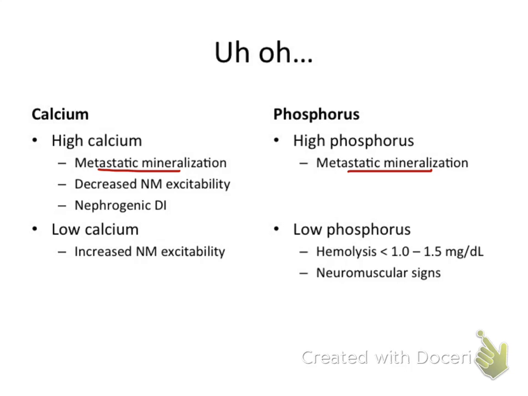Hypercalcemia can also cause nephrogenic diabetes insipidus, as well as neuromuscular signs such as seizures, tetanus, and paralysis. Neuromuscular signs can also be seen with low concentrations of calcium and phosphorus. And marked hypophosphatemia can cause intravascular hemolysis.